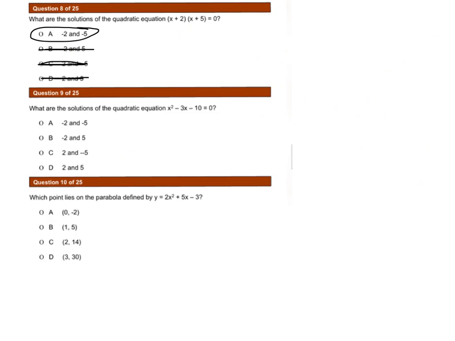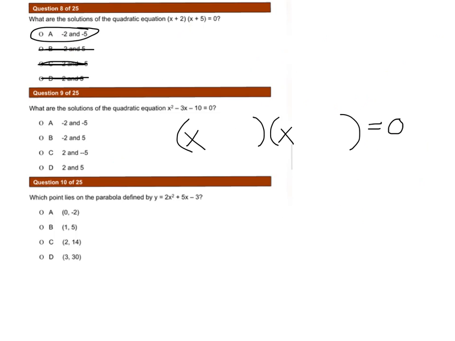Number 9, what are the solutions of the equation x squared minus 3x minus 10? There's many ways to do this. We'll do it by factoring. So we ask ourselves, as we factor, we know x goes here and here.